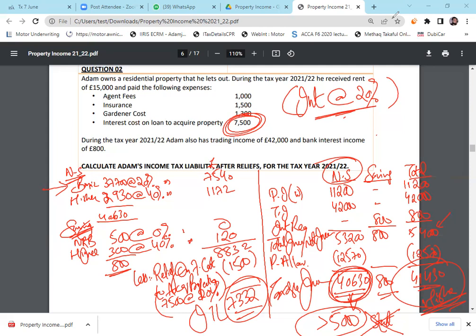So while we are making the main format and banding system, after we got the final answer, which is 8,832 in this question, we will deduct 20% of interest cost as a reducer of liability to get the answer, which will be called income tax liability. Got my point? Okay. Please copy it.